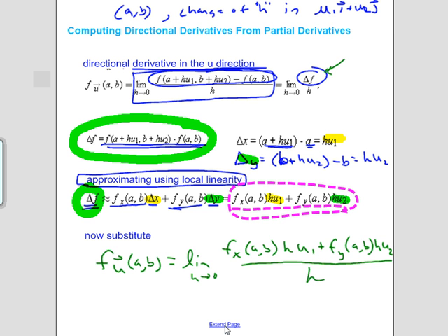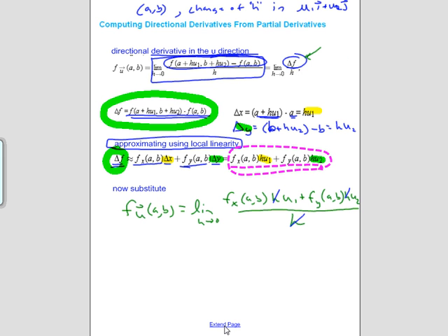We'll notice that our h's cancel out, and therefore we're left with an expression that has no h's in it. So as h goes to 0, that doesn't really matter. And we get the very nice equation that the directional derivative in the u direction at the point a, b equals the partial derivative with respect to x at ab times u1, plus the partial derivative with respect to y at ab times u2.